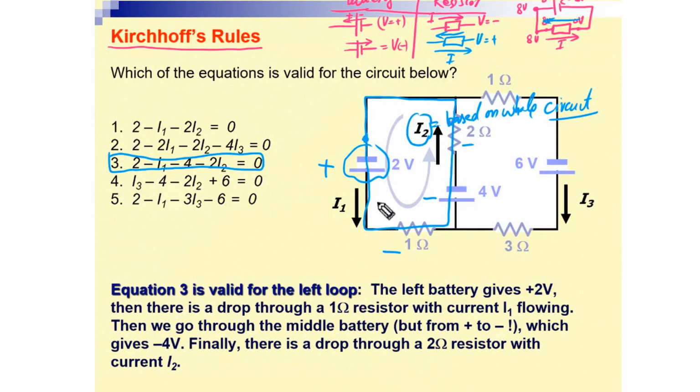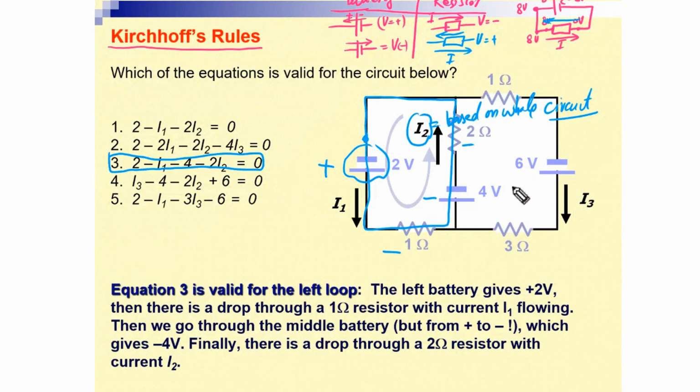Is this point clear? That's the reason you no need to worry about the right loop actually, because the effect is already there. So this I2 is based on this one as well. When we find I, we will take these two loops together.